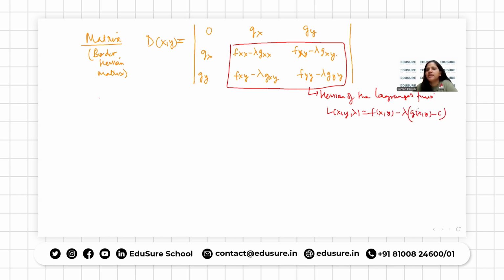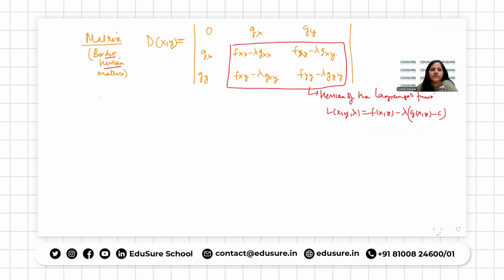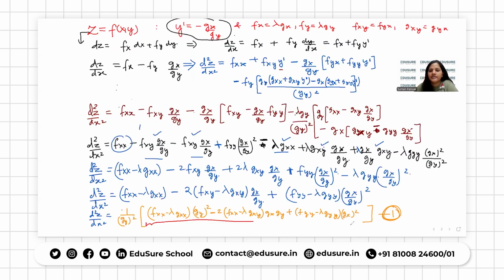So this is nothing but the Hessian matrix of the Lagrange's function, and that is why this entire 3 by 3 determinant is known as the bordered Hessian determinant, or determinant of a bordered Hessian matrix. Okay. So now, with further calculations, it can be seen that d2z by dx2 will turn out to be minus 1 upon gy square D of xy, because this entire quantity inside the bracket is going to be minus of Dxy.